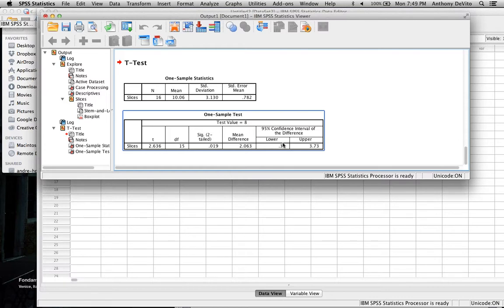And in fact, we're 95% sure that the real difference in the number of slices is between 0.39 and 3.73 slices, right? The middle of that was 2 slices, the difference that we calculated, right? So what number is not included in the range? Since 0 is excluded from that confidence interval, we can say that the difference is different than 0. So that's a way you can still use a confidence interval.